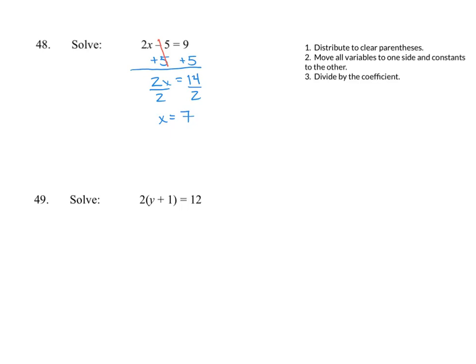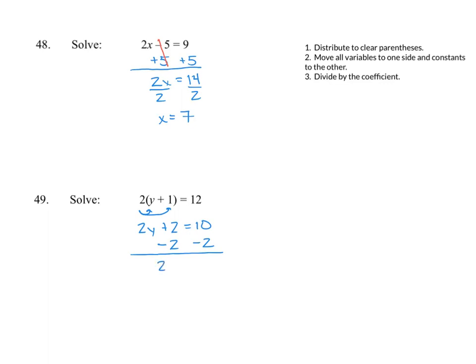Alright, for 49, we want to start by distributing to clear our parentheses. If we distribute, we get 2y plus 2 equals 12. We have all of our variables on the left. We want to move all of our constants to the right. So to get rid of plus 2, we're going to subtract 2.